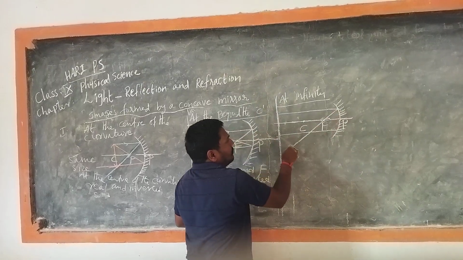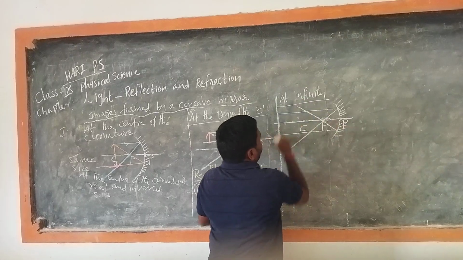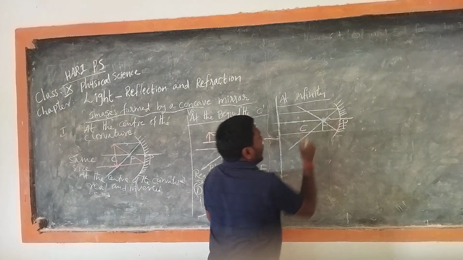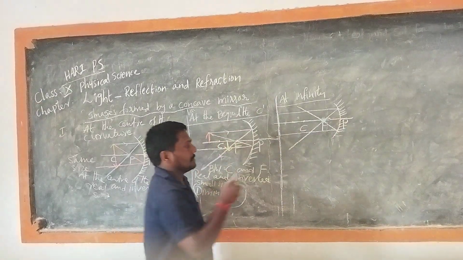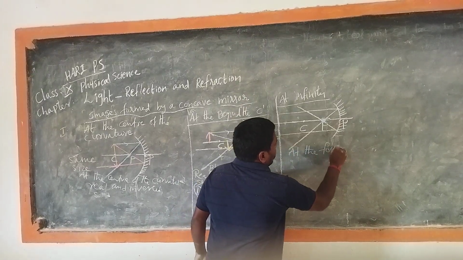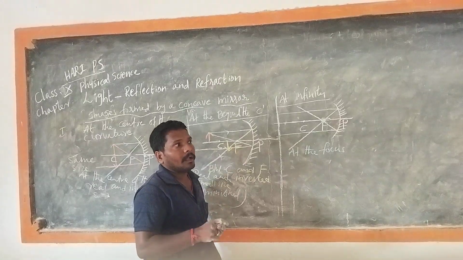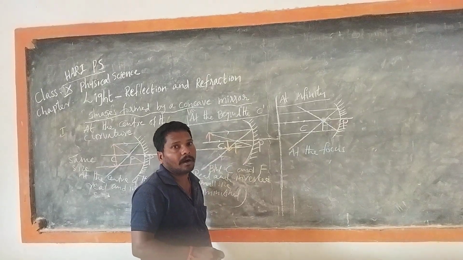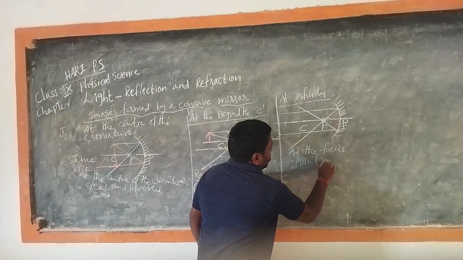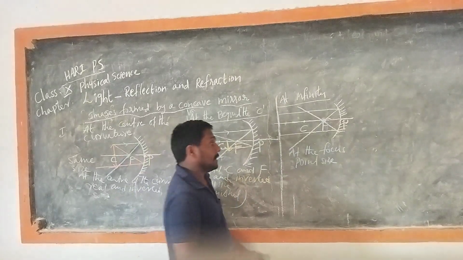They pass through the focus. So where is the image formed? At the focus. A point size image is formed. Real and inverted.